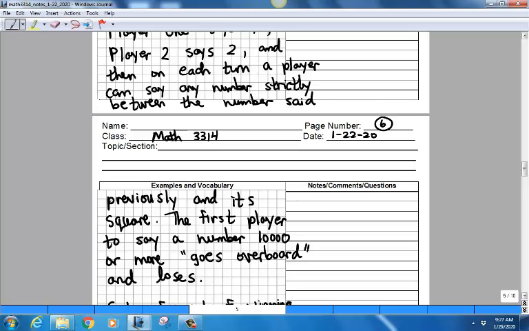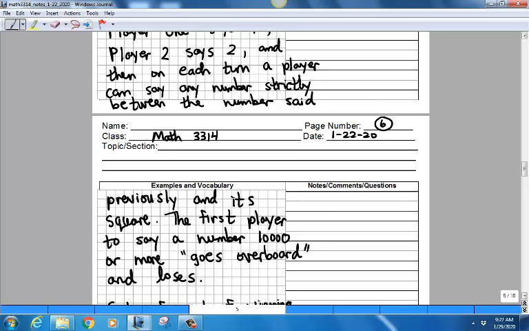Then you say 9. Player 1 says 9. And then whatever else they pick doesn't matter, because anything squared will be over 100. So you just say 99 and you win.